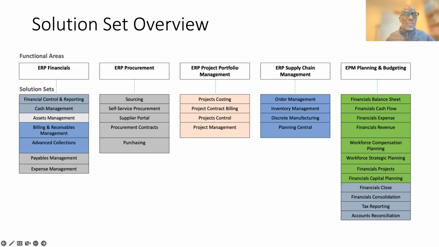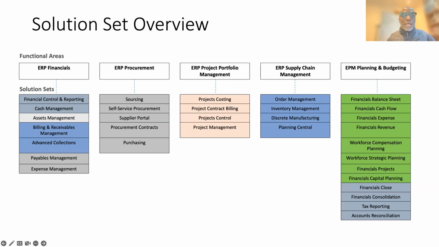Now, there are some modules that are used between two functional areas. So for example, you have cash management, which could even flow into some of these other ones. Financial control and reporting could flow in with your EPM.